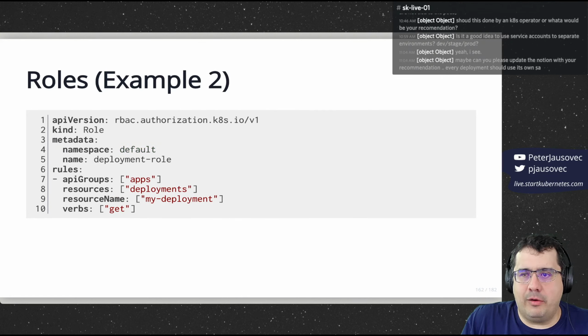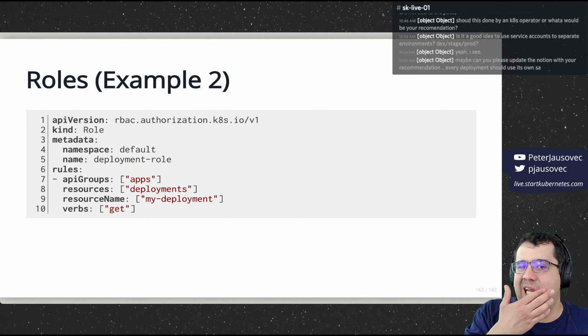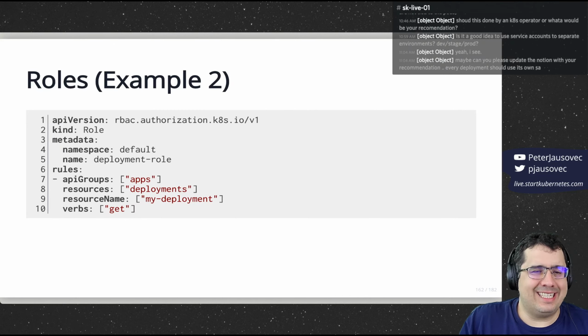Here's another example where we have the API group set to apps, because that's where the deployments resource is. And then what we're doing differently on line 9 is specifying an exact resource name we want to apply this role to.